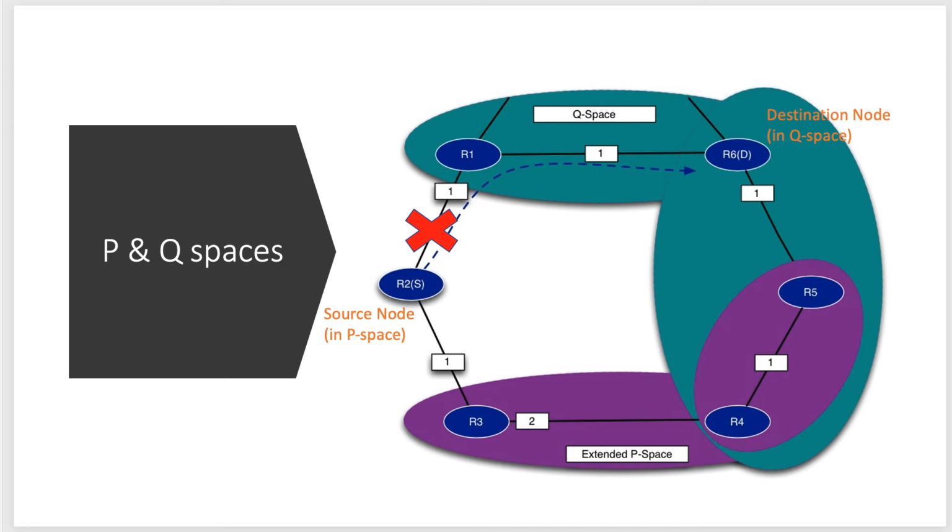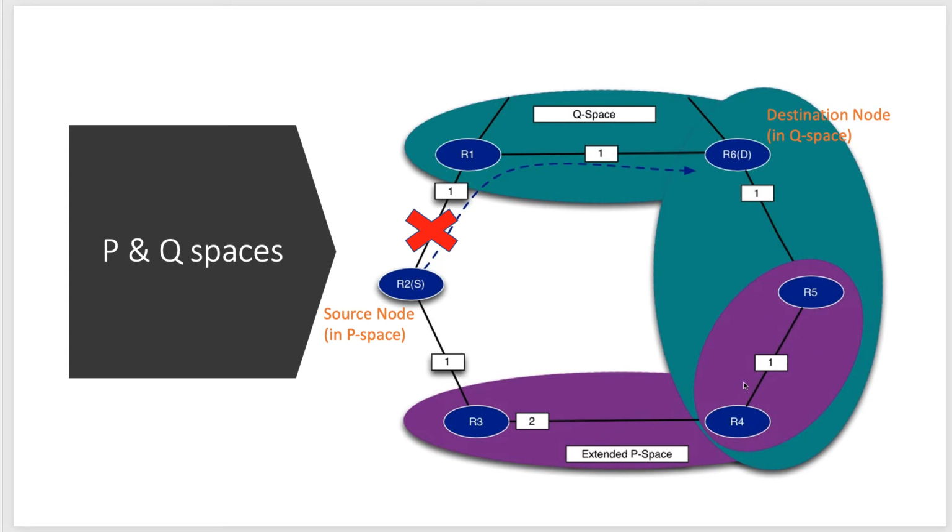So these are the different types of spaces we need to keep in mind. There is a P space, which is our source. There's a Q space, which is our destination. Any router that can reach our destination without relying on the protected link belongs to the Q space. Any router that is a direct neighbor of our source belongs to the extended P space, as well as any neighbor it can reach with the help of the extended P space.